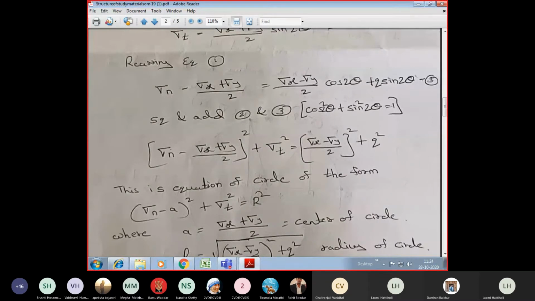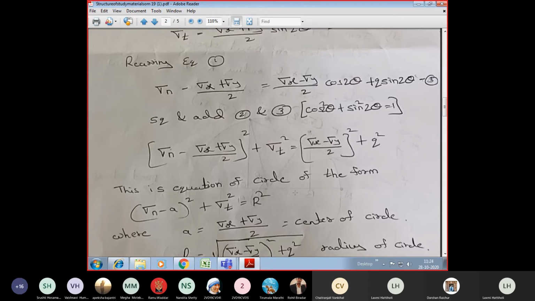I have used sigma n and sigma t, normal stress and tangential stress. Using those two equations, I determined another equation which is in the form of a circle. That means you can say it is also a proof that the Mohr circle gives you the values of all these principal planes and principal stresses.